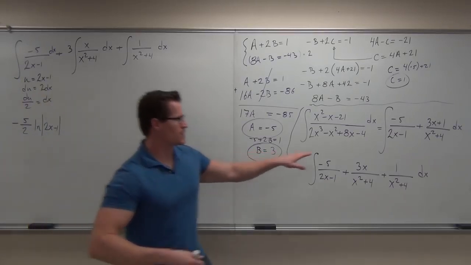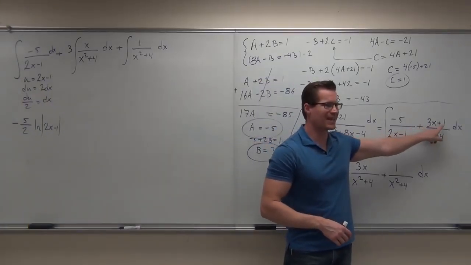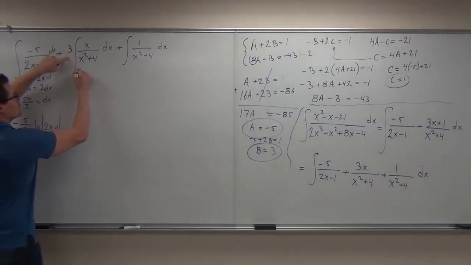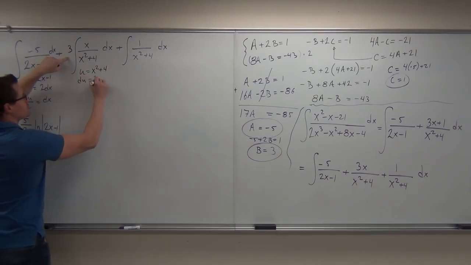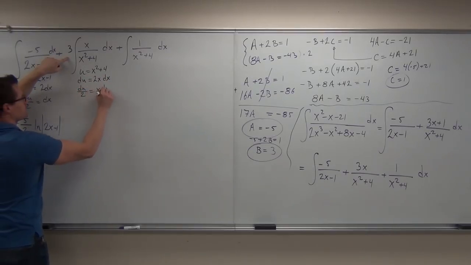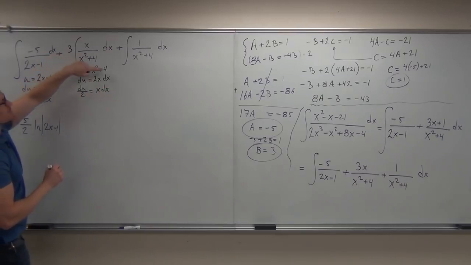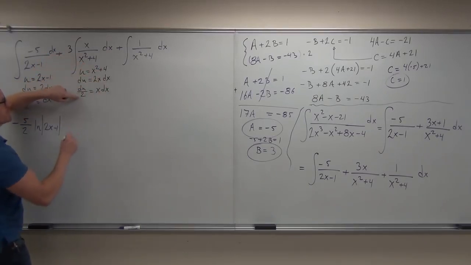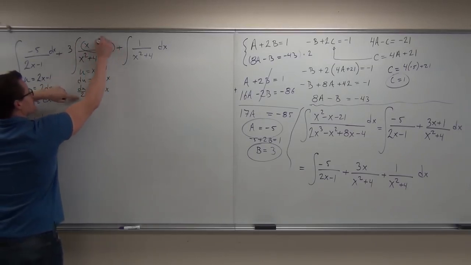Don't let these things escape you like this. If you're stuck, and you go, man, I can't do that one, try splitting it up. Then it makes a hard integral doable for you. Do a basic u sub. Here, u equals x squared plus 4, du equals 2 dx, du over 2 equals x dx.